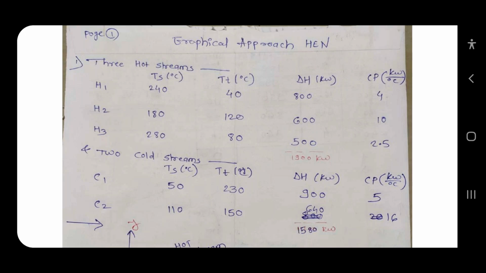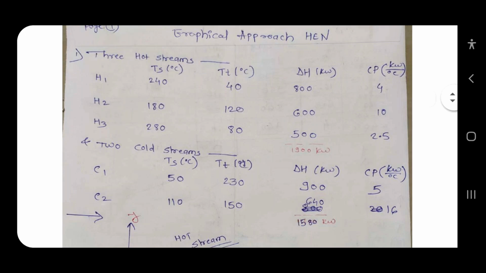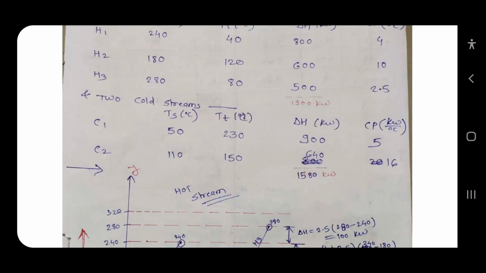Then the second stream, H2, goes from 180 to 120, and delta H is given, so I can easily calculate the Cp value from mCp delta T. H3 goes from 280 to 80, and delta H is given. For the 2 cold streams, C1 is 50 to 230 degrees Celsius with delta H given as 900, and C2 is 110 to 150 with delta H given as 640.